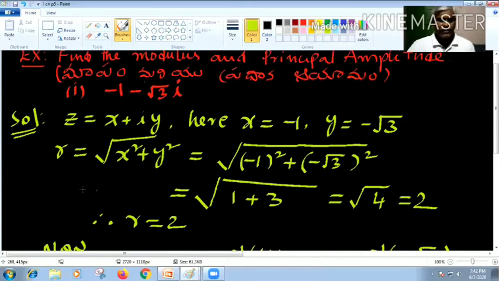Let us look at this once again. Comparing the given complex number with the standard form x plus iy, the real part x value in this case is minus 1, y is minus root 3, and the modulus of the complex number is r. That value will be under root x square plus y square.